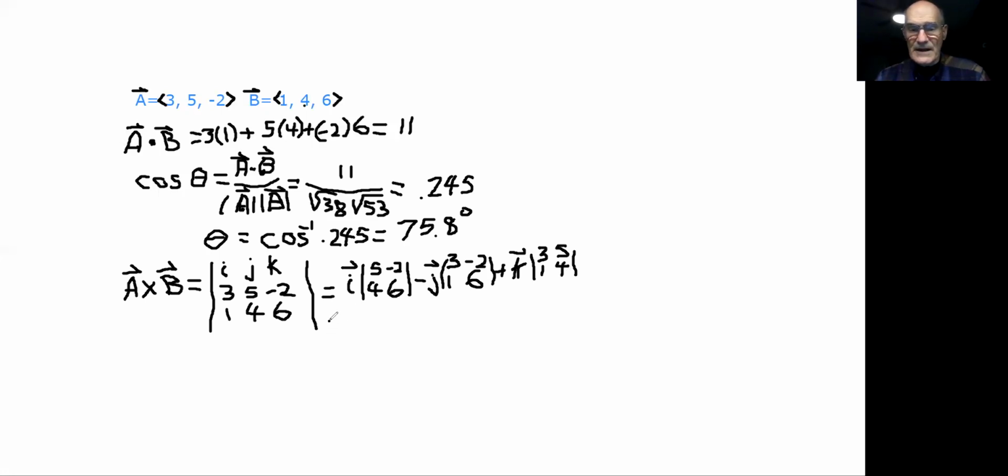Okay, now remember, if I come down here and do these 2 by 2 determinants, it's the main diagonal minus the off diagonal. So I have 5 times 6 is 30 minus a minus 8, so this is 38i. Remember, I'm writing the vector in the unit vector form, okay? Now I've got minus j, so I got 3 times 6 is 18, minus a minus 2, so that's minus 20j.